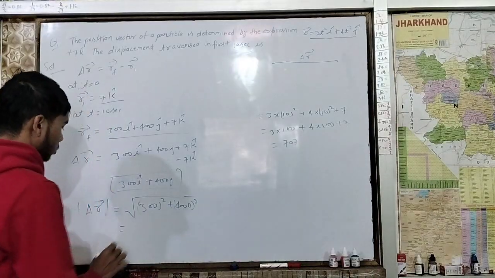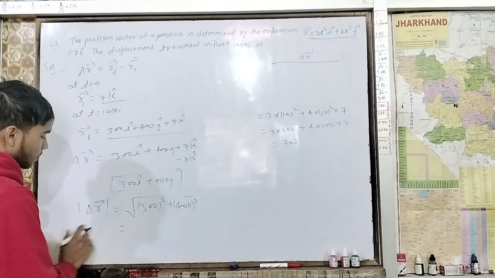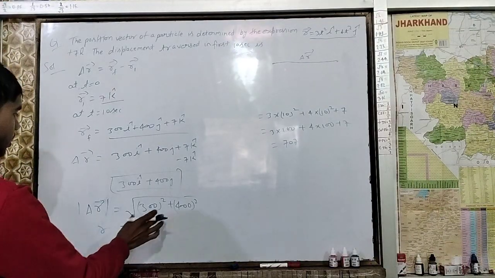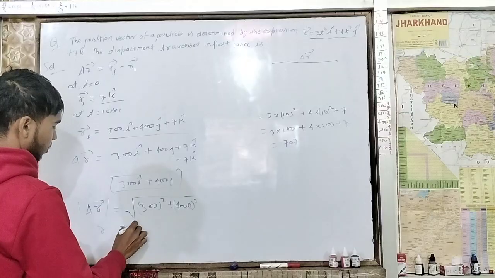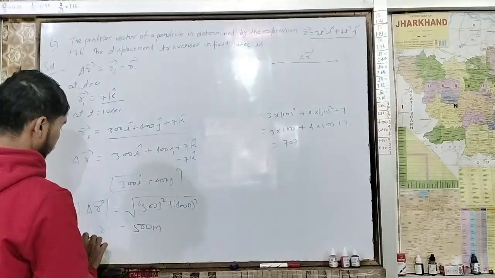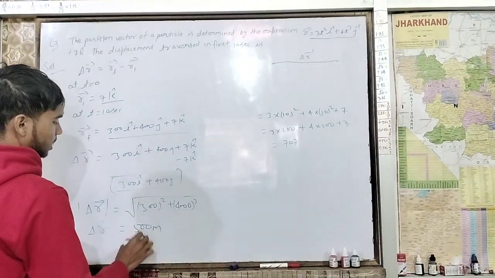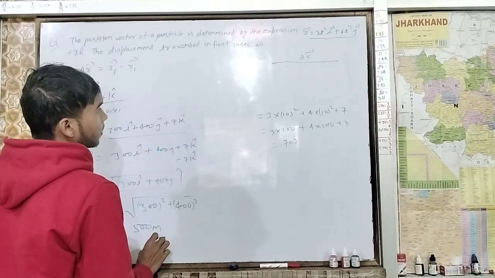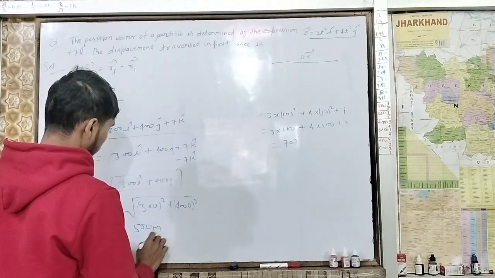Clear? So delta r will come as 500 when you simplify this equation. So 500 meter is our complete displacement.